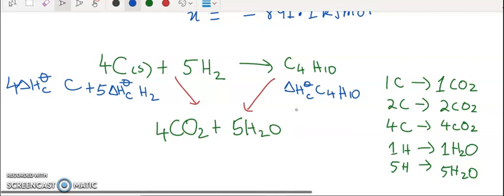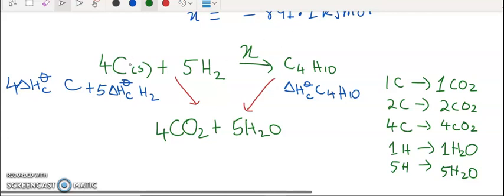So now let's decide our direction. We can see that this arrow and this arrow are up. Oh, I forgot to mark the x. So this is our x. This is what we are asked to find out: the standard enthalpy change of formation.